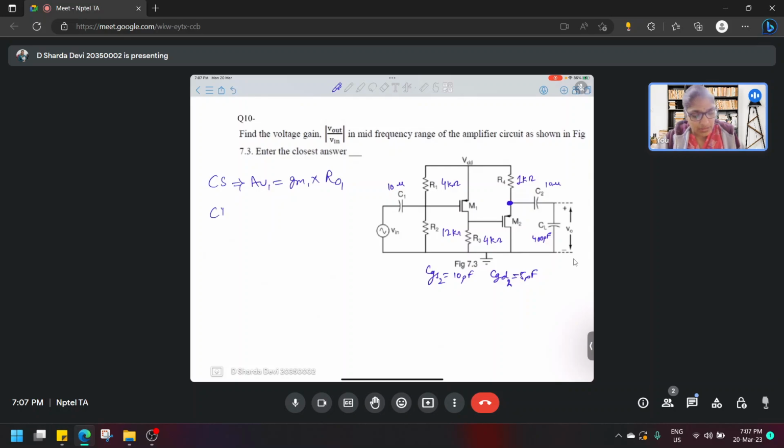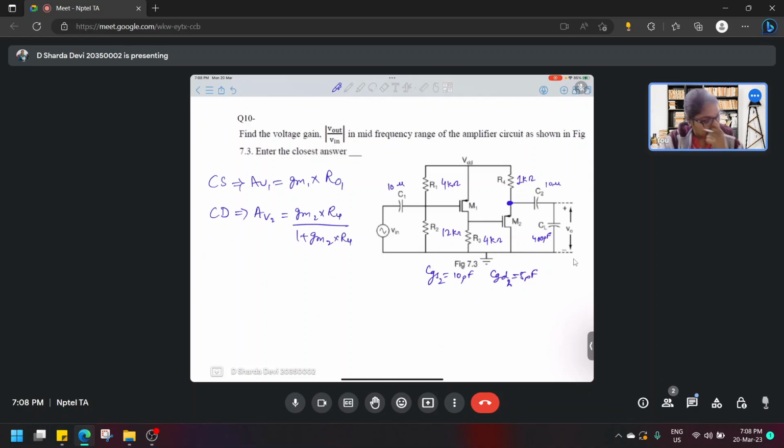And second stage is CD stage, the gain for CD stage is GM2 into R4 by 1 plus GM2 into R4. Yes, so this is how it will look like.